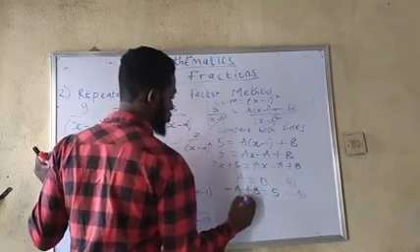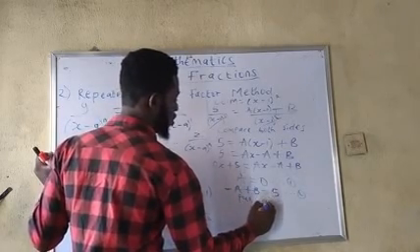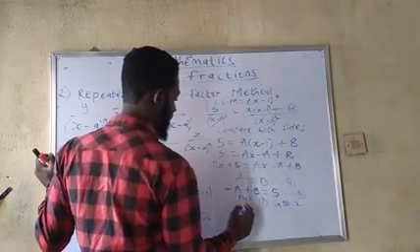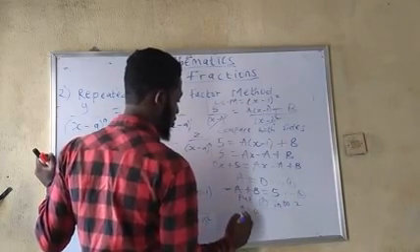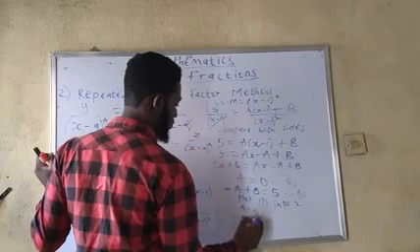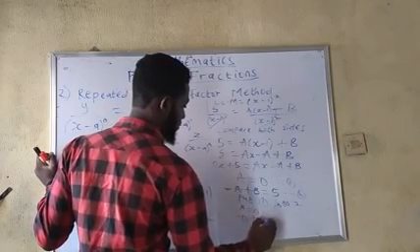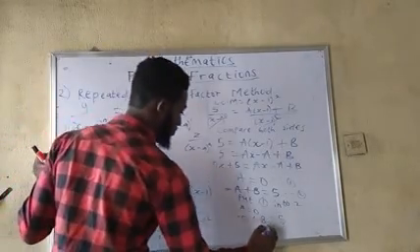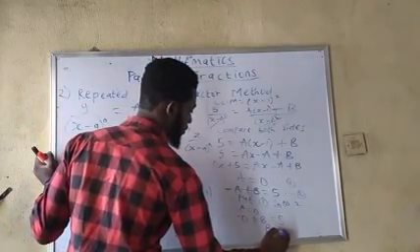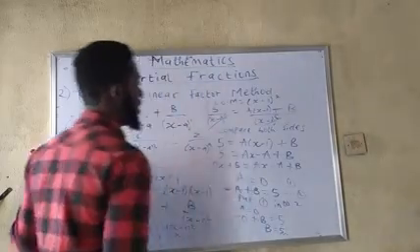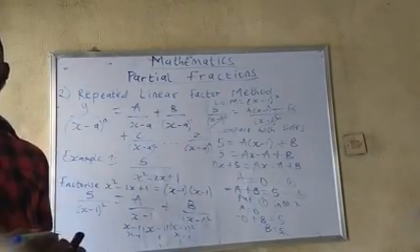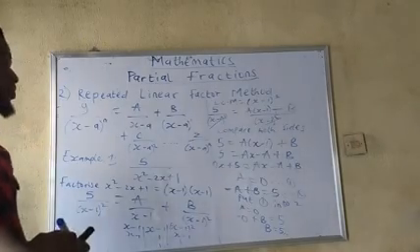So we're going to put 1 into 2. We have A equals 0 from 1. So we're going to have minus 0 plus B equals 5. Minus 0 plus B means B, so B equals 5. And we have been able to successfully solve the repeated linear factor method.